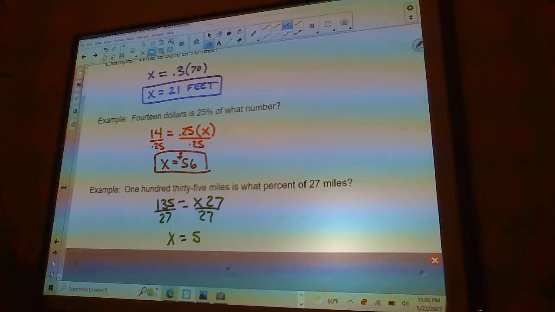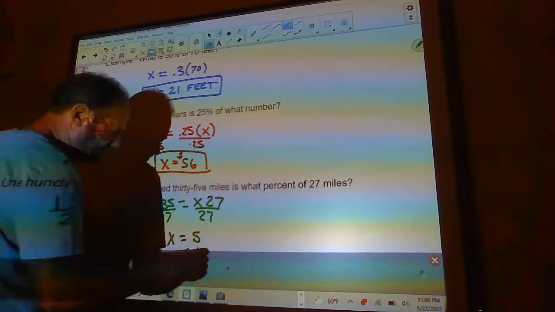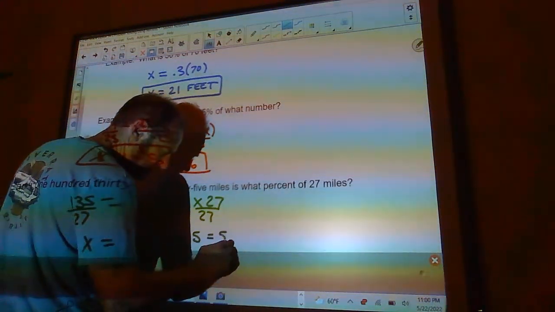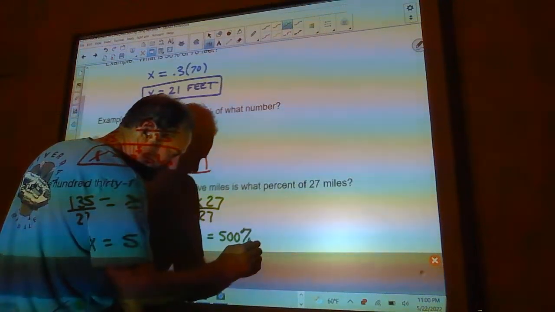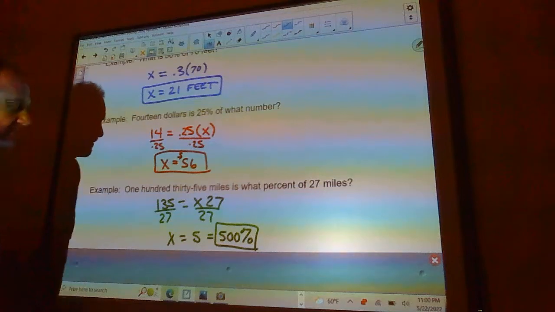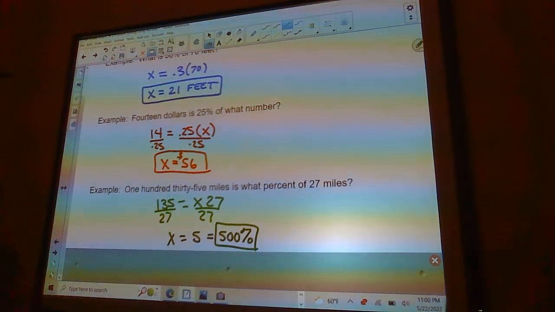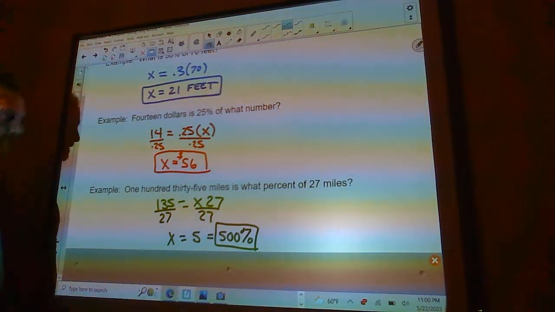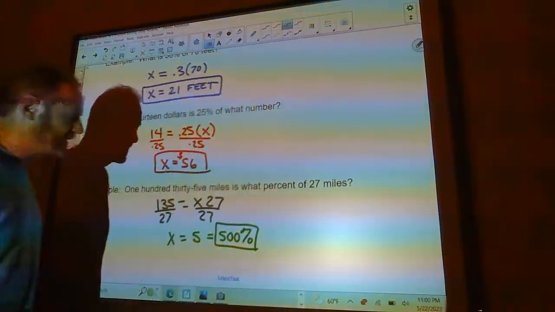What does that mean, 5? Well, that actually means 500%. It asks what percent it was, so if you put 5, you're not technically correct. Make sure you change it to a percent.